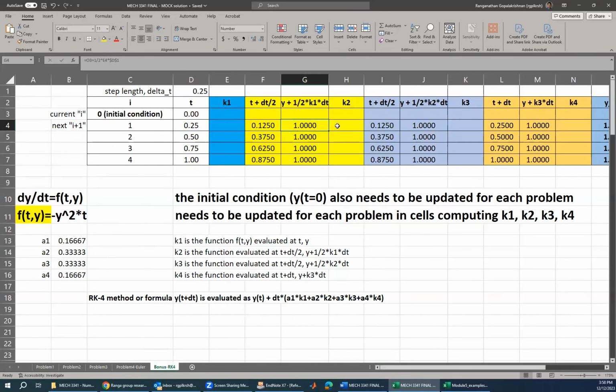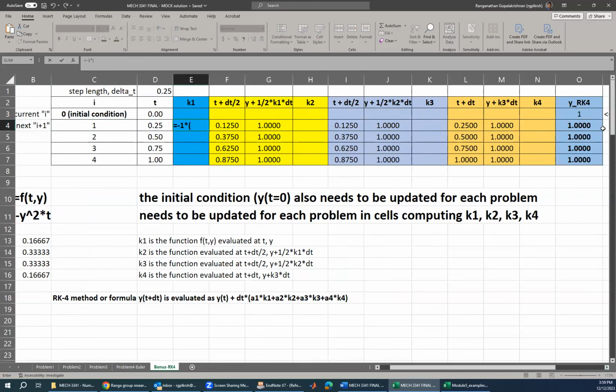Now if I take k1, k1 is the function which is minus 1 times y squared. When I'm trying to update this row, my previous row is the current one, and this row is the next step. So everything has to be based on the previous row. So this is minus 1 times y squared, y being this squared times time 0.